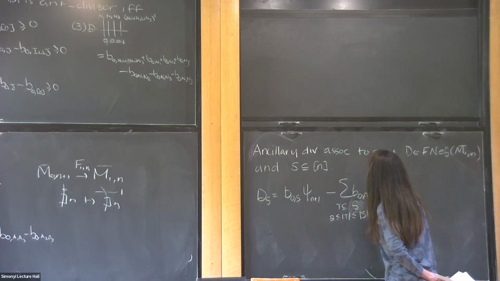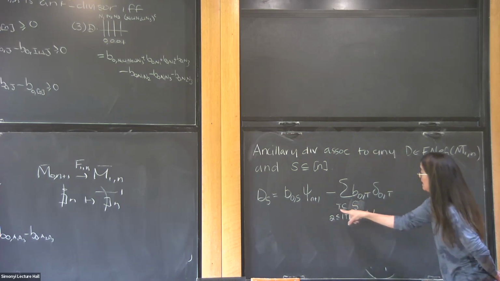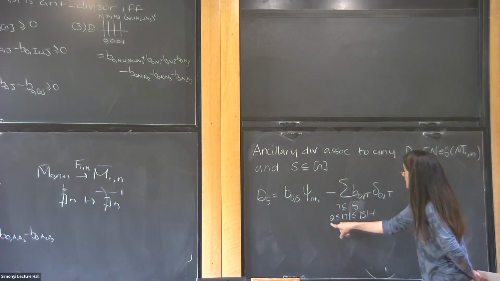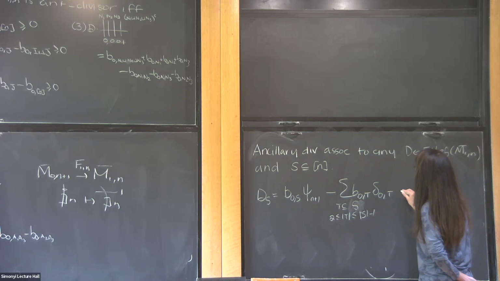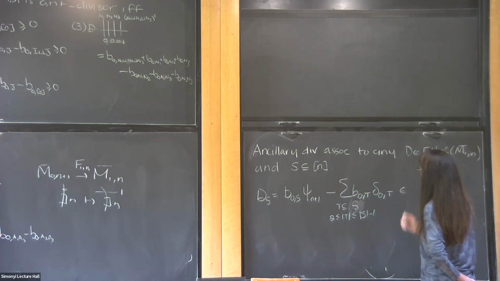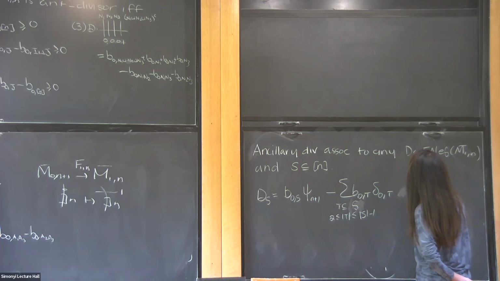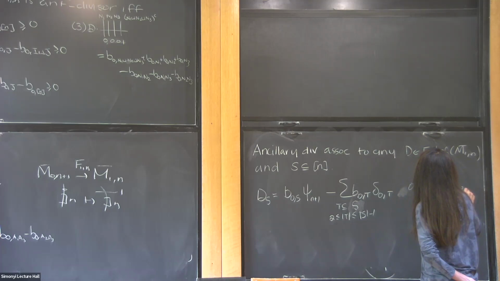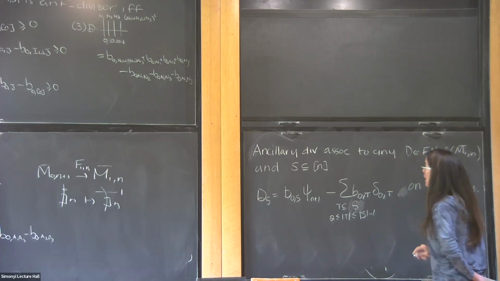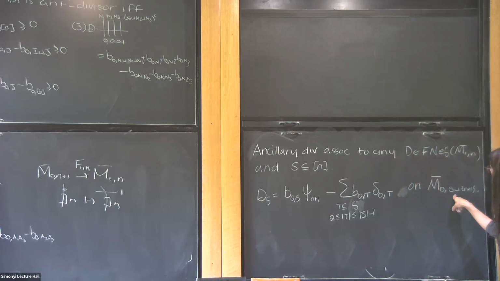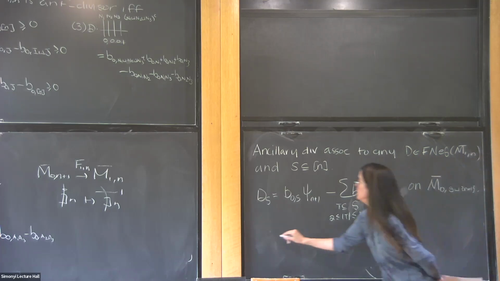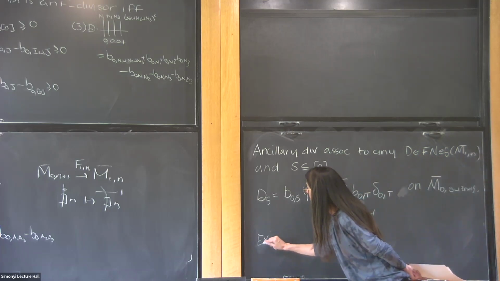So we take subsets T and S, they're proper subsets, at least two elements. This is a divisor on M0 S union N plus 1. For example, let's do a couple of examples.